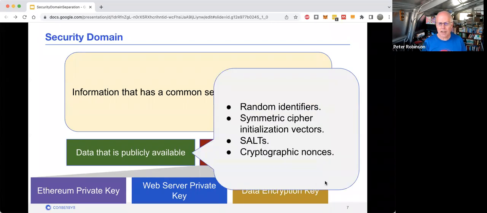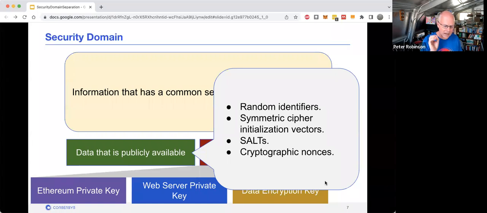And even within that data, I'm not just talking about ordinary plain text publicly available data. I'm talking about random identifiers, say initialization vectors that are used as part of symmetric ciphers, salts, so values that are used to differentiate when you're doing, say, password hardening, or maybe cryptographic nonces.